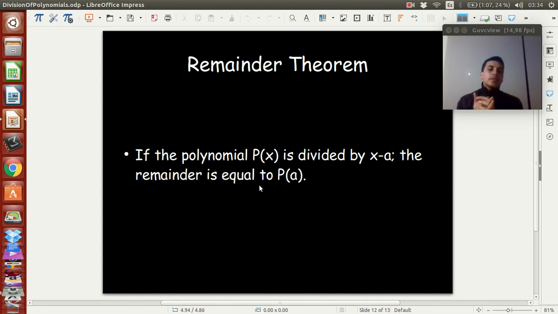So, for example, if you have a polynomial and you divide it by x minus 3, the remainder theorem says that the remainder of the division is p evaluated at 3. So this is a way too easy way to know if a polynomial is divisible by x minus a with no division. If you don't want to do the division, you just have to apply the remainder theorem.